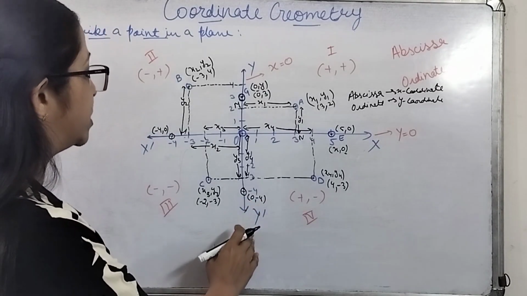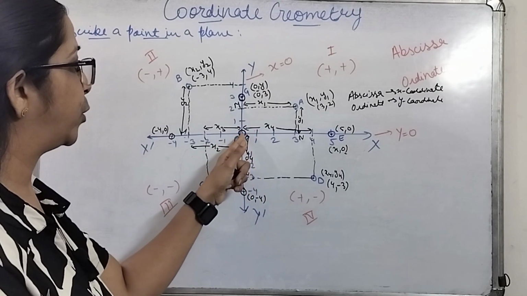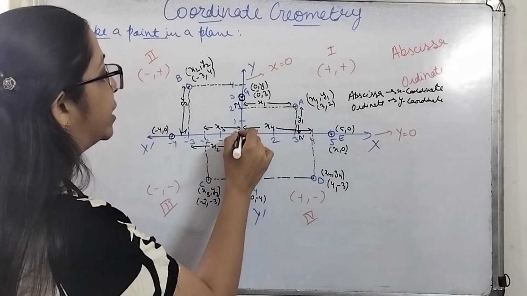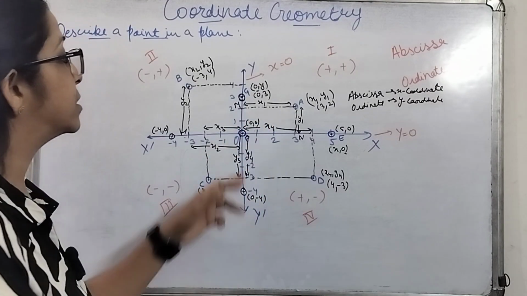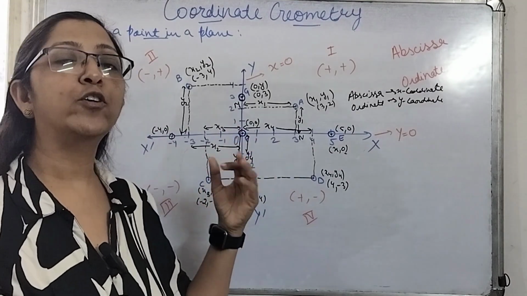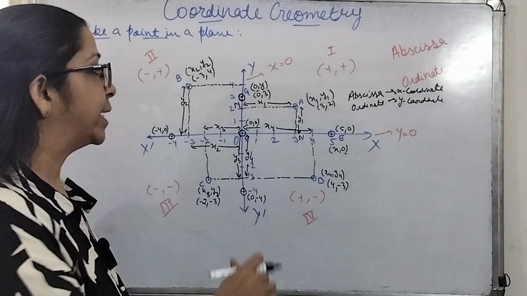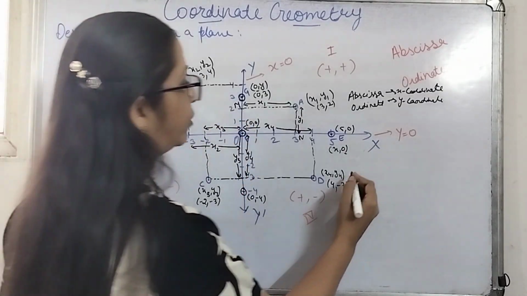Now, let's see the coordinates of the origin, that is the center point where the x-axis and y-axis intersect. The coordinate of the origin will be (0, 0), because the distance of this point from the x-axis is 0 and from the y-axis is also 0. That's the reason its x-coordinate will be 0 and its y-coordinate will also be 0.